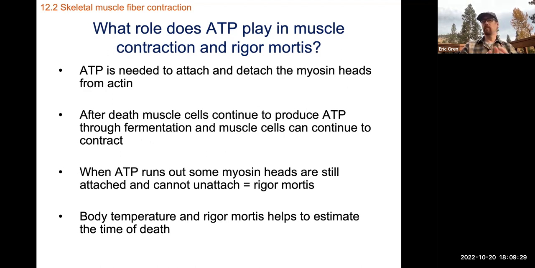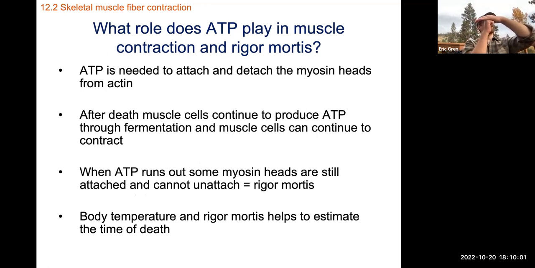producing at least a couple of molecules of ATP in fermentation. And so there is still some ATP available, and muscle cells can continue to contract even after an individual is no longer living, okay? At a certain point, though, you're going to run out of ATP, and some of the myosin heads are still going to be attached to the actin, right?